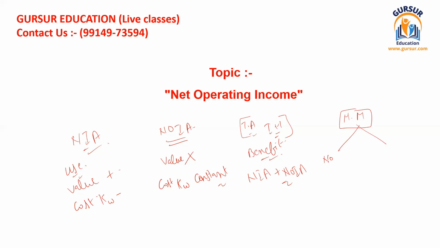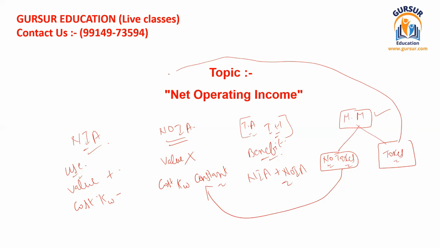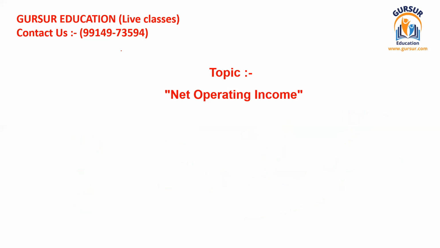The first, where there are no taxes, and second, if there are taxes. If there are no taxes, then the hypothesis of Modigliani and Miller is exactly similar to the net operating income approach, that tells you that the value of a firm is not going to be increased if there are no taxes. But if there are taxes, then their hypothesis is equal to the net income approach, and that tells you that the value of a firm is going to be increased if you use more and more debt in your capital structure. So these are all about that.